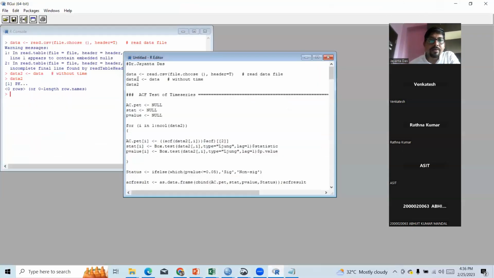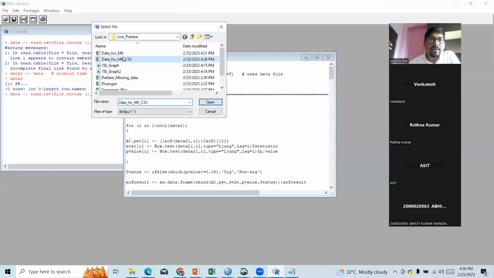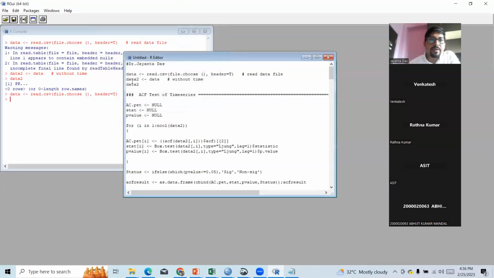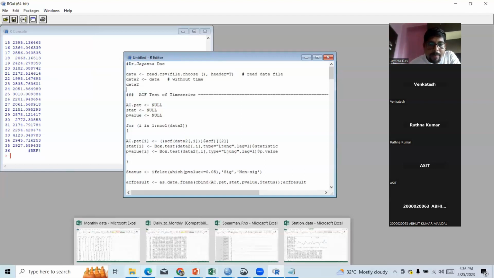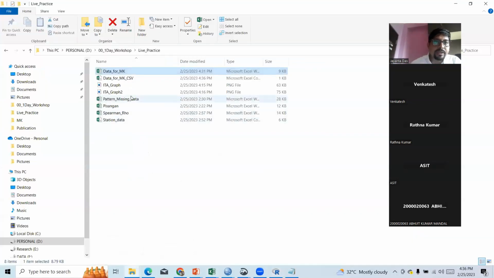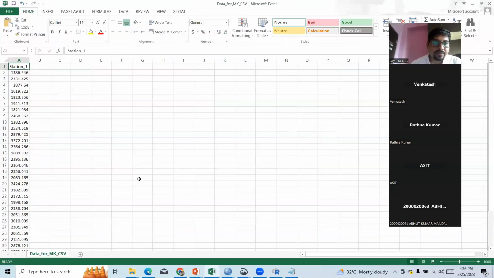Again, go to R. Run selection, data for MK. Then data 2, then run selection. Here is the data. The problem is here at 36. This one, I have to delete this.